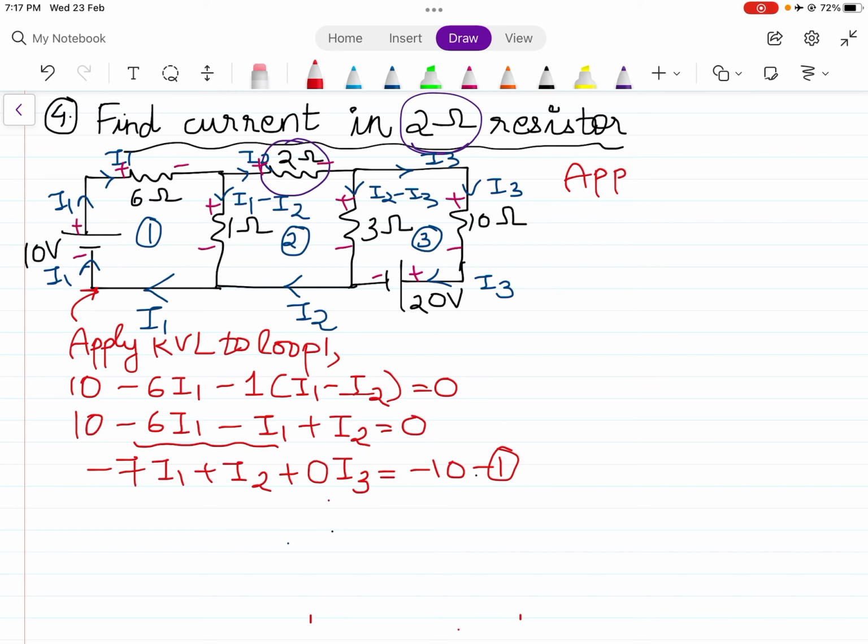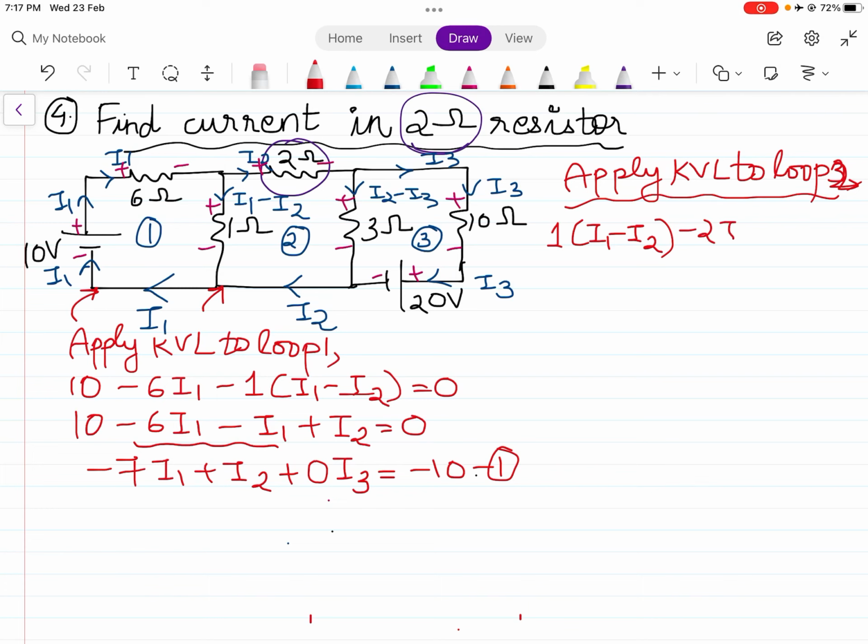Then I say apply KVL to loop number 2. When I apply KVL to loop number 2, starting from this point, negative to positive plus 1 times I1 minus I2. I am applying in the clockwise direction. Positive to negative minus 2 I2, positive to negative minus 3 times I2 minus I3 equal to 0.